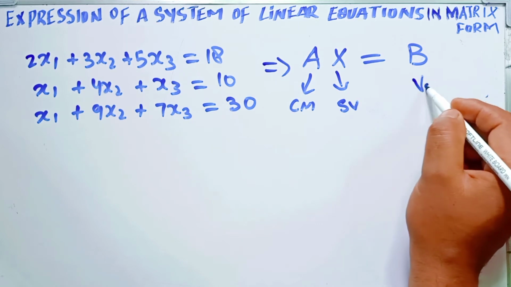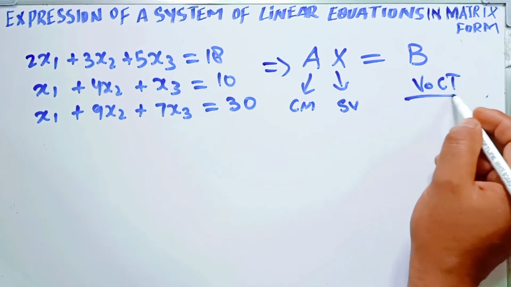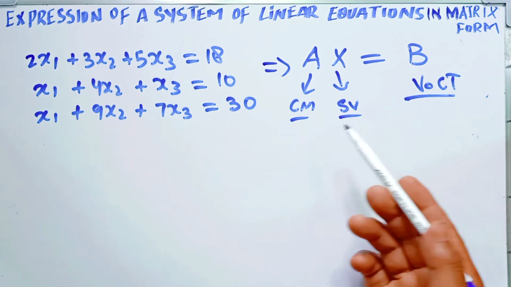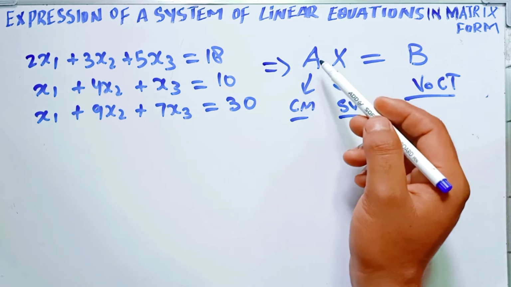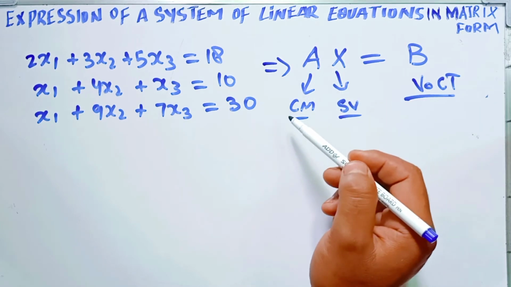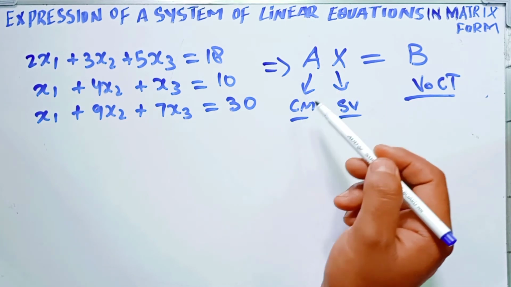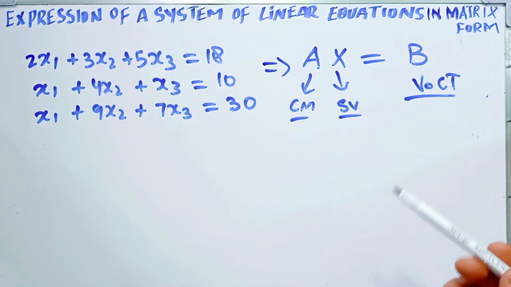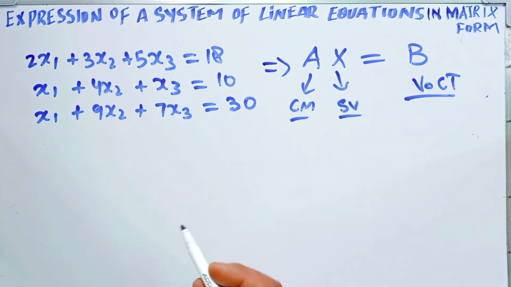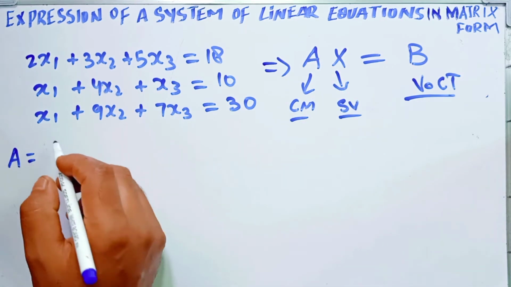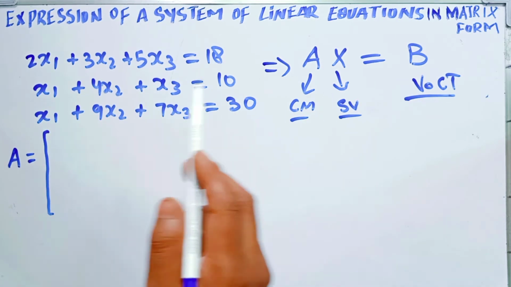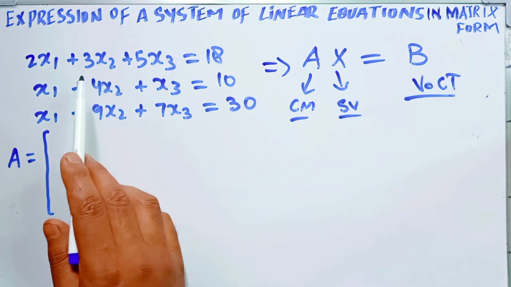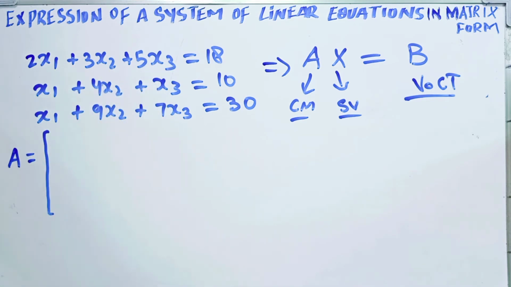It is only for the sake of simplicity that I denote A as the coefficient matrix, x as the solution vector, and b as the vector of constant terms. Now, A is the matrix of coefficients of these linear equations.